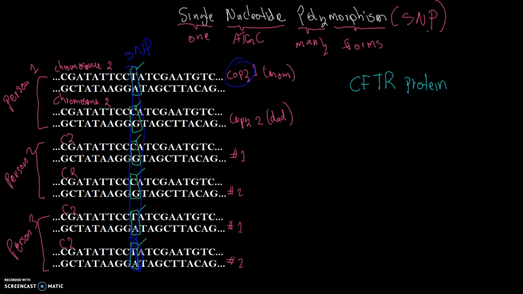So now, what made this protein? This CFTR protein is encoded by the CFTR gene. And in this CFTR gene, more than 1,000 mutations have been identified in people with cystic fibrosis. The mutations in the CFTR gene, the ones referred to as disease-causing mutations, alter the production and the structure or stability of the chloride ion channels.